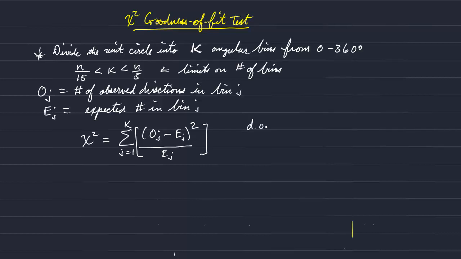And the degrees of freedom is nu, and that's equal to the number of bins minus 1. And we can compare our chi-squared statistic with the critical chi-squared statistic. So we could use this, for example, to test whether the data set is random or kappa is equal to 0, in which case EJ, the expected number, is simply n, the total number of measurements, divided by the number of bins, right? That's a uniform distribution.